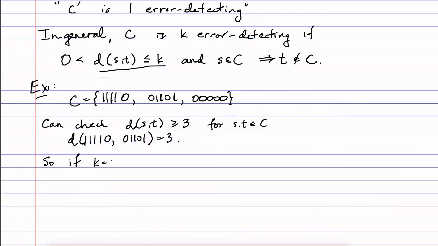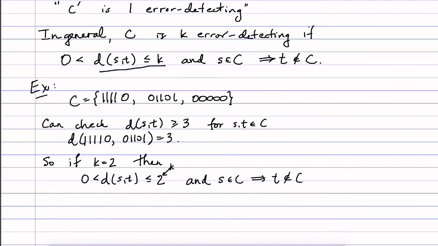That means that if k equals 2, then the distance between s and t being less than or equal to 2, so that's our k right there, and s being in C, that's going to imply that t is not in C. And so if you compare that to the phrase up here, the mathematical phrase, we can see that with k equals 2, this code satisfies that mathematical statement. So check. This means that C is 2 error detecting.